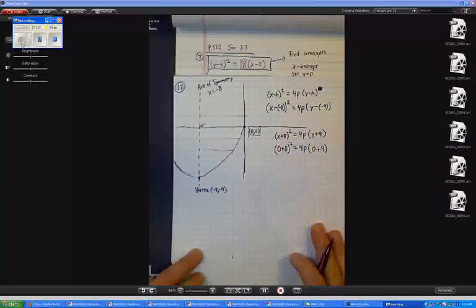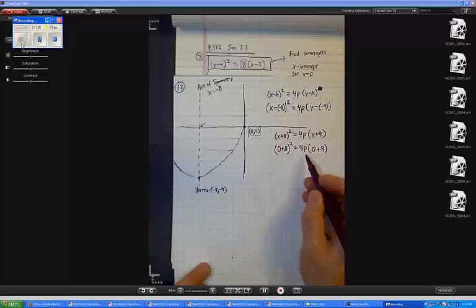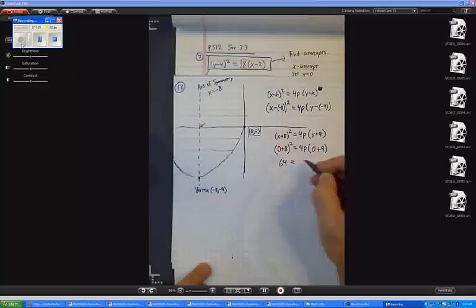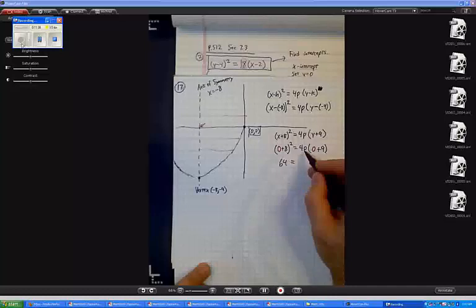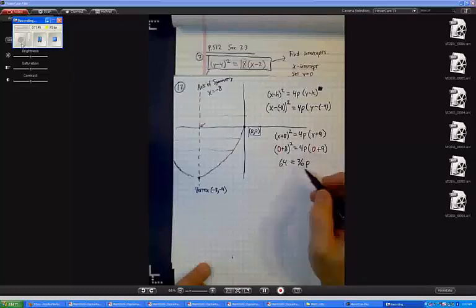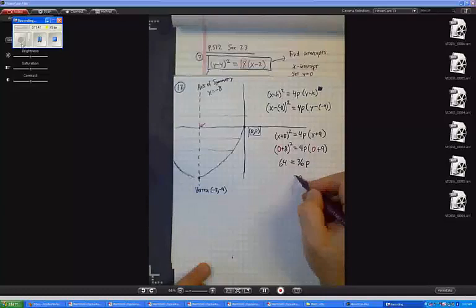Well, now there's only one unknown, and that's the p. So you could actually solve. You get 64 is, well, 9 times 4 is 36p. This okay? So what does this mean? This means p equals 64 divided by 36.